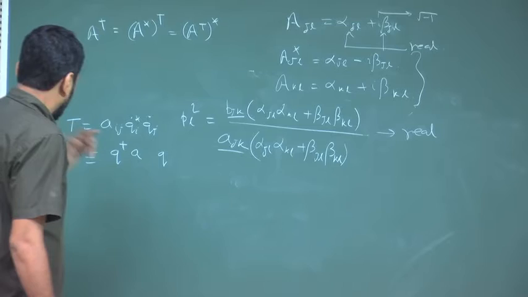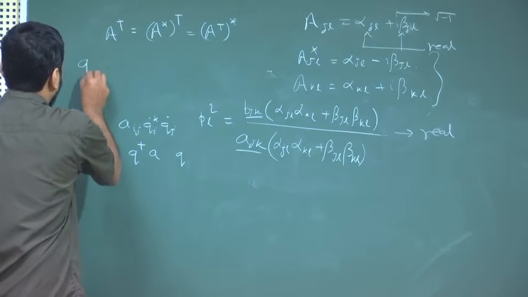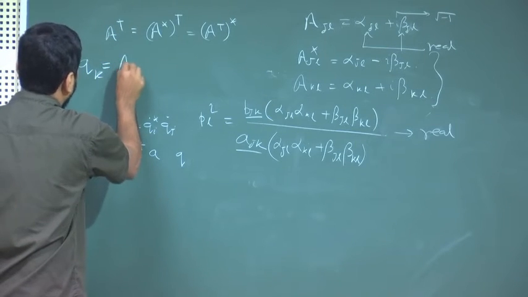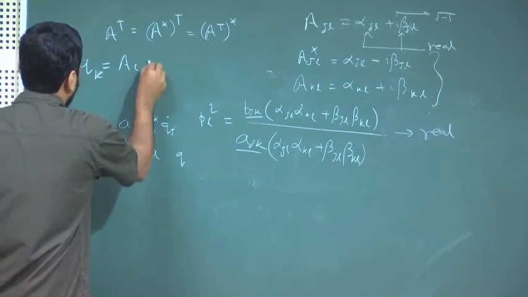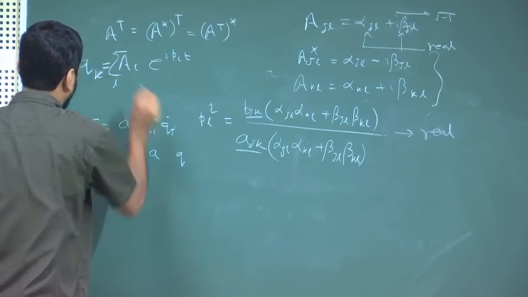Anyway, now if you do that and we write the Q as, or rather Qk as Al e to the power i p l t, sum over l, right.